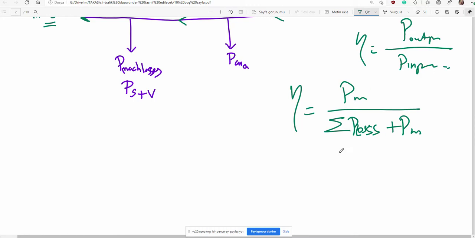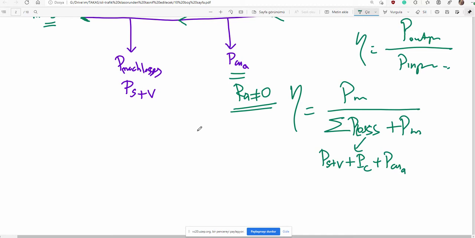which are mechanical, friction plus ventilation. If there are core losses given, yes, it would be here, plus copper loss in armature, if armature resistance is not neglected. Generally we neglect it, but in case it is given, you should calculate copper loss in armature.